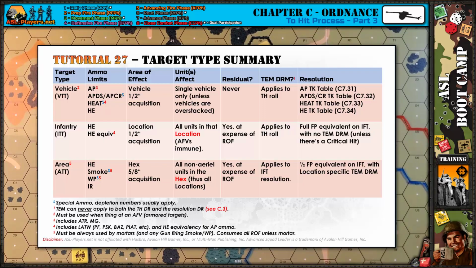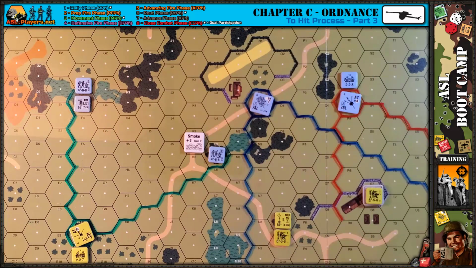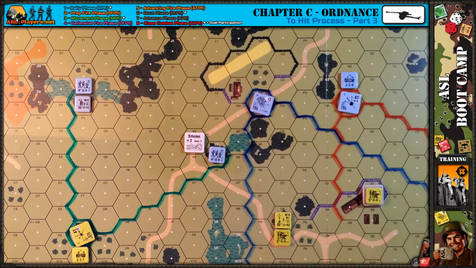Okay, now let's wipe this table away and let's go through these examples to see how these units firing could use these 3 target types. So here we just have basically 3 American units. 2 of them have guns, and we have 3 German units, and all three of them have guns.